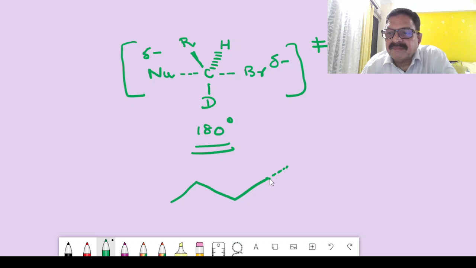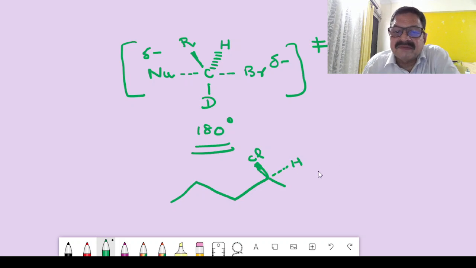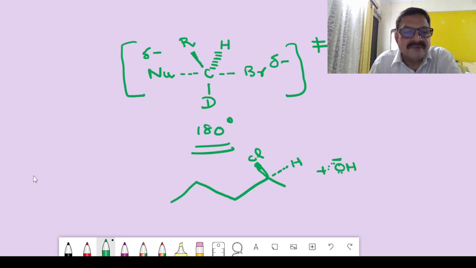So this is a methyl group here. Then we have a chlorine. This chlorine will be on a wedge, we can show here, and there is a hydrogen over here. In this case, it's reacting with OH minus, the nucleophile. So what will be the nature of the compound formed here?